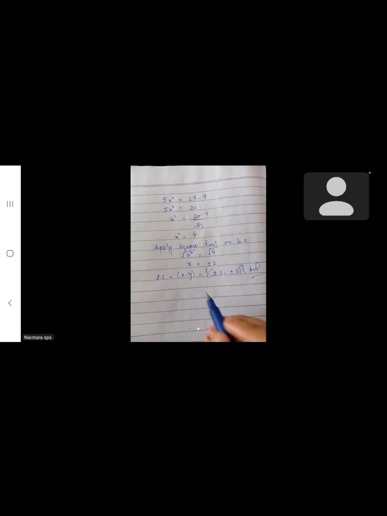Very good. So the solution set for x and y is x is plus minus 2 and y was plus minus 3. This is your answer. Okay. Done? Yes.